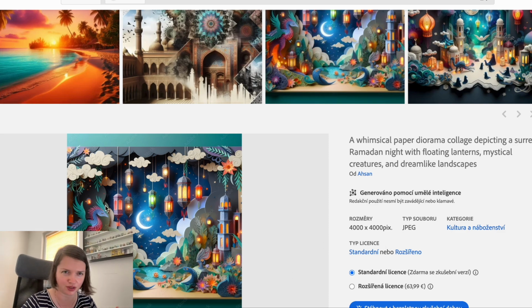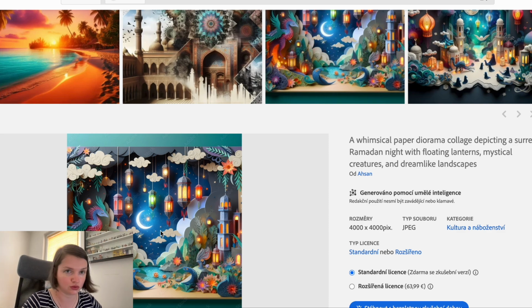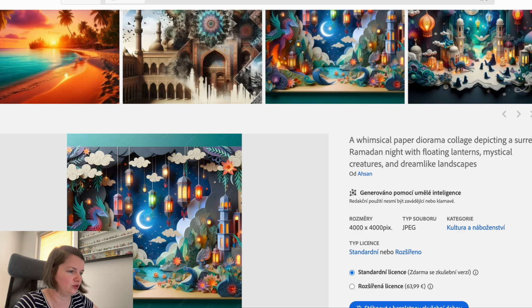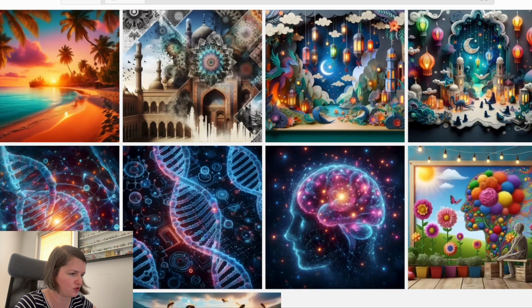Is it part of a mythology or something? I don't know. If you are not sure, I would just stick to the more usual depictions with the lanterns and this kind of things. But as I said, I'm not an expert. Maybe it is what it should be, but then I would do a horizontal image for this prompt.